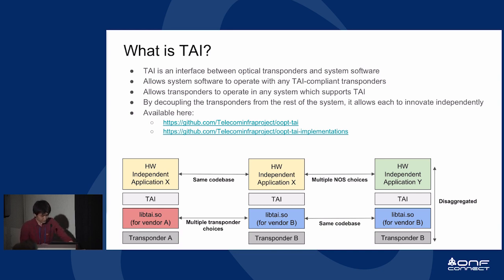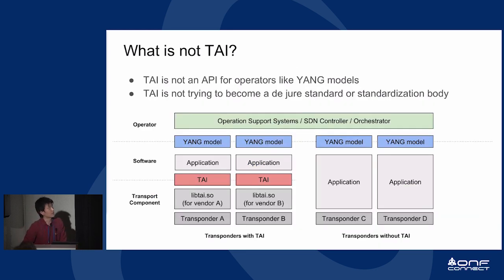So we can select the preferred vendor transponder hardware and the preferred network operating system separately. This gives us flexibility and agility in transponder development. But it is not designed as a northbound API, and is not useful from the northbound SDN control perspective.